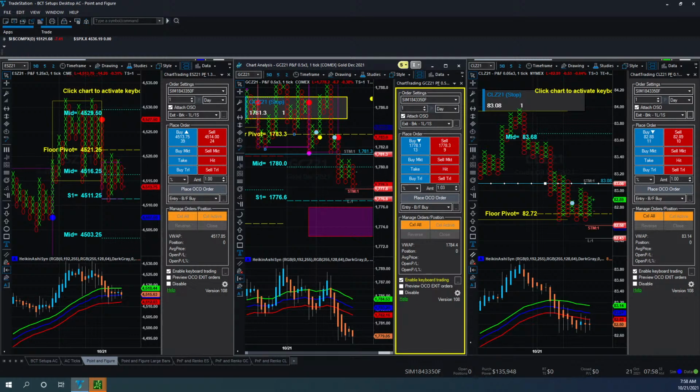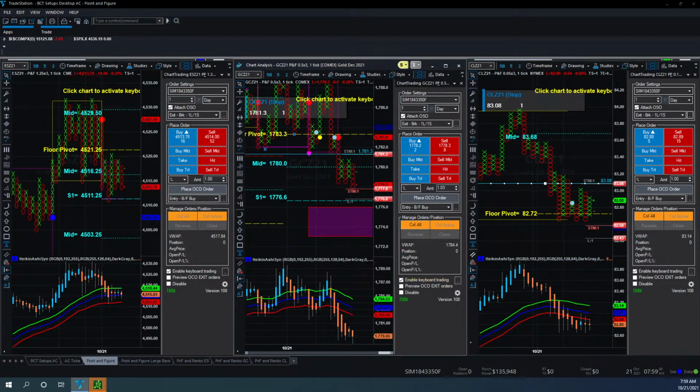Is the 200 on the 30 minutes? Right at the 200. Bouncing up. It did not trigger our entry, came back up in the range.